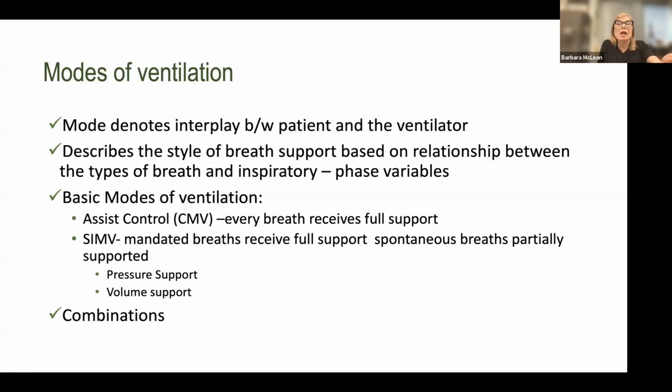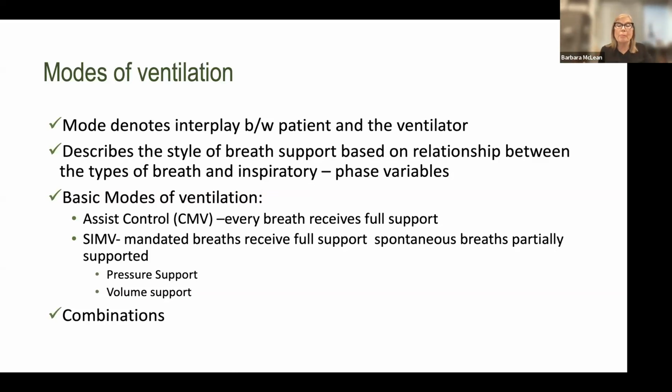So when you're on SIMV and you've set your rate at 20 and the patient isn't overbreathing the vent, he's getting 20 breaths per minute. It says SIMV, but the patient is actually on assist control because he's not breathing above the ventilator, okay? So SIMV, mandatory breaths receive full support, and spontaneous breaths, which are not mandatory, they are above and beyond the mandatory rate, they get partial support.